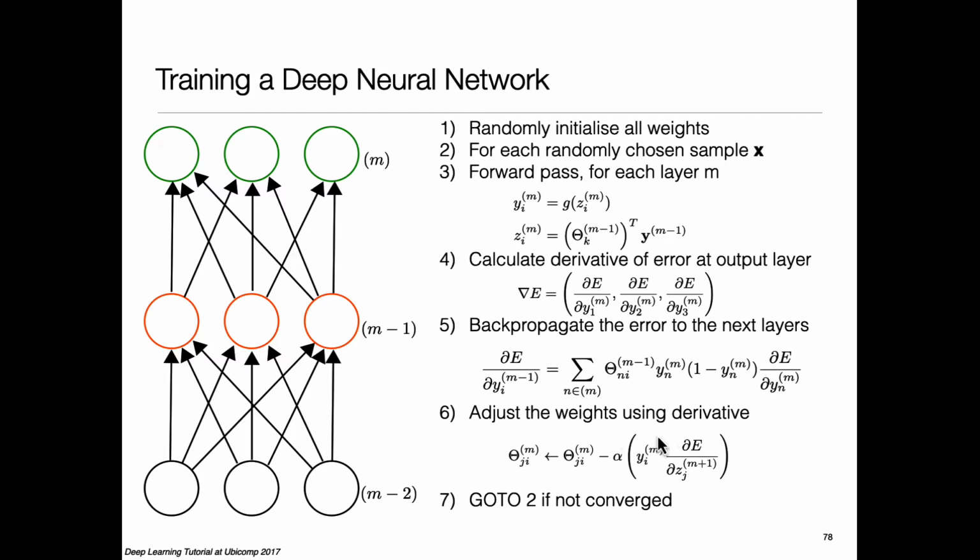Then eventually we have to figure out how to adjust the weights. Once I have the derivative of error with respect to all the parameters, which you can think of as lined up in a vector, I have to figure out how to adjust them, and that part is relatively simple.